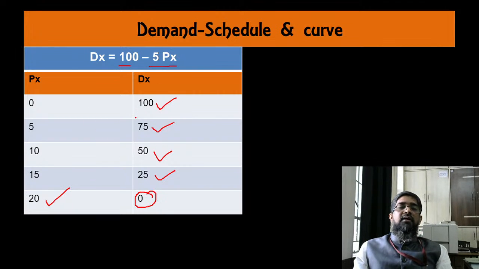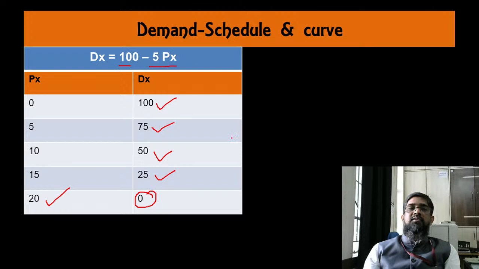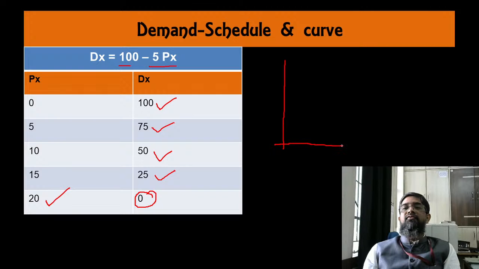So this tabular statement is nothing but the demand schedule. Now I'll show you that the same table can be converted into a curve, and that curve is known as the demand curve. If you have any question, dear students, you can put it in the chat box, you can comment there.